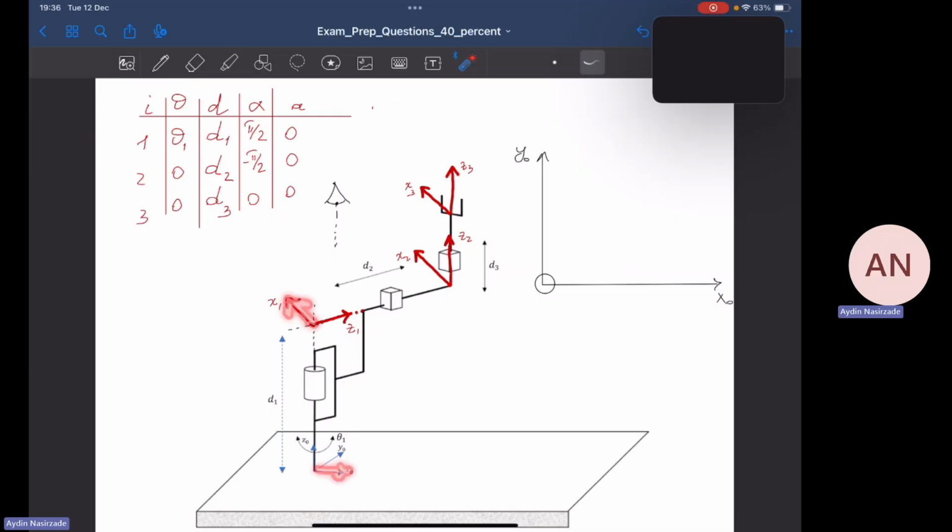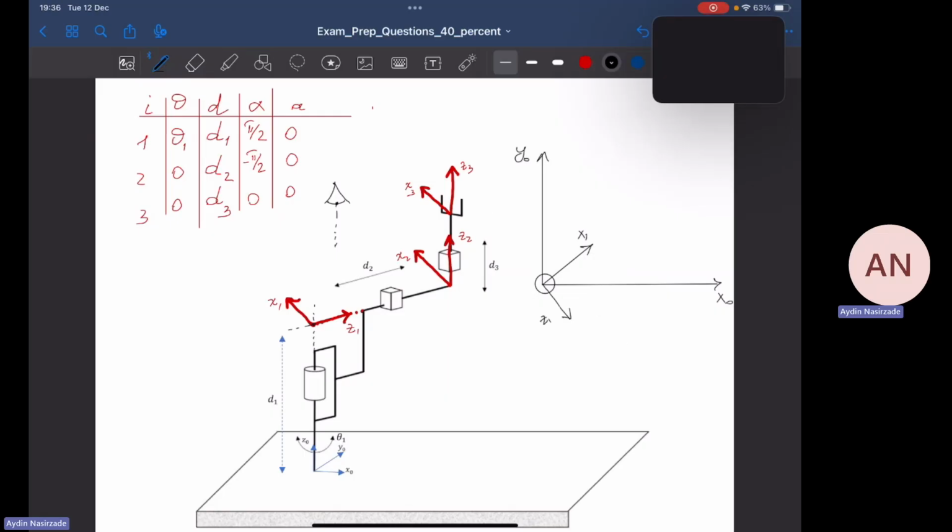So I am trying to generate a scene which involves x0 and x1, and the angle between these two axes is going to be theta 1. Let's assume that this is x1, and the perpendicular line to it will be z1.